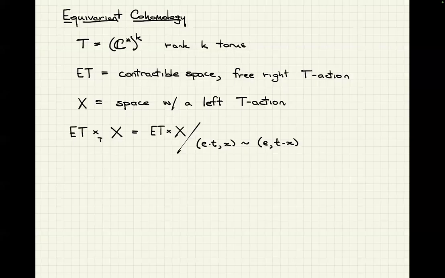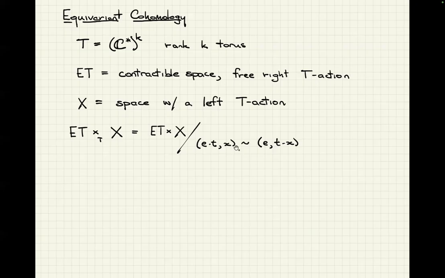And we're going to form this funny thing, this space, this fiber product of ET and X over T. So this is the Cartesian product of ET and X modulo this relation involving the action of my torus.